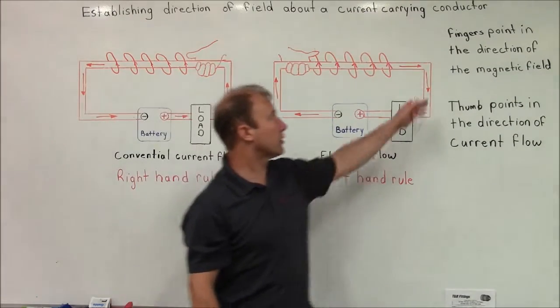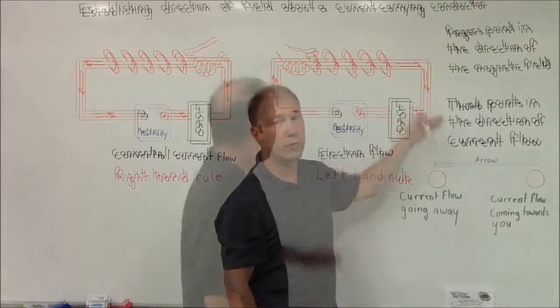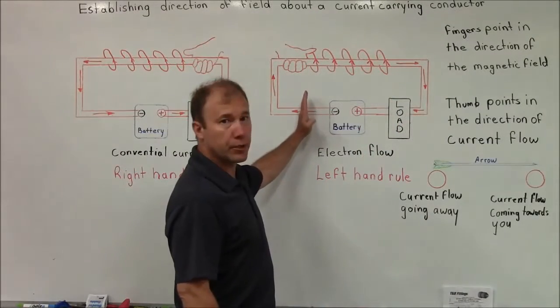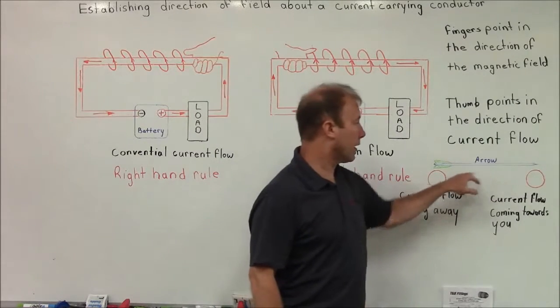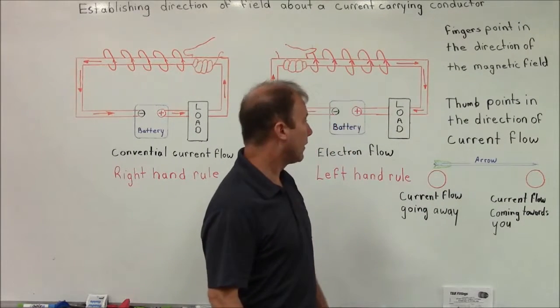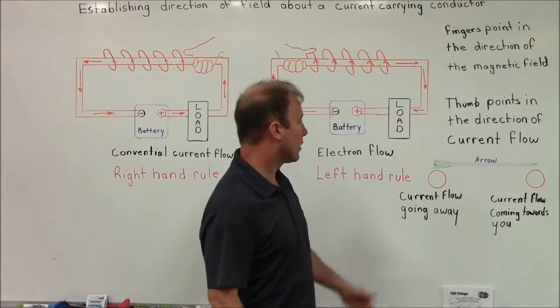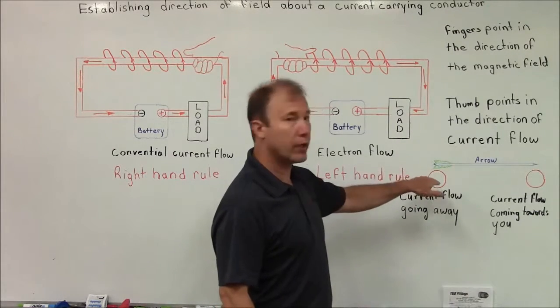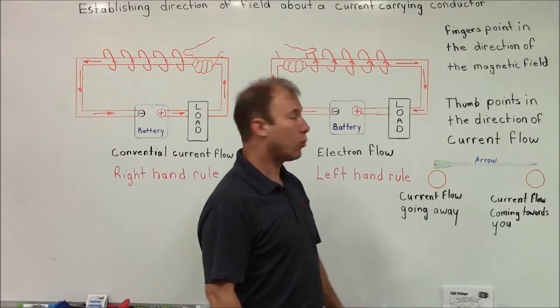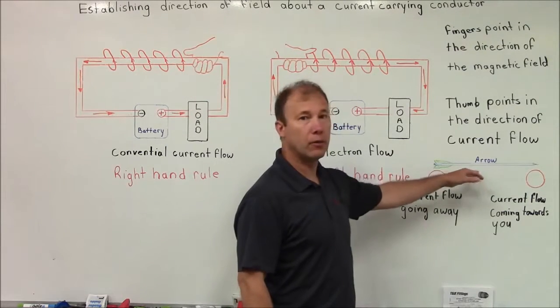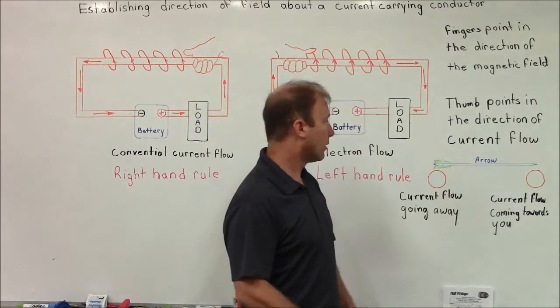And the other tricks are to remember these 2 points. If we wanted to take a cross-section of a conductor, it would look like this here. And if we want to establish, looking at it straight on, which way the current is flowing, we can use an arrow as a guide to draw it.